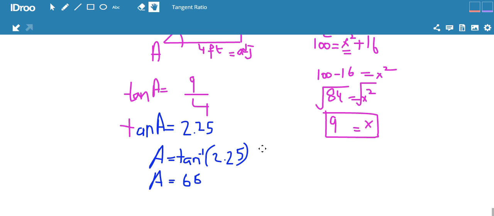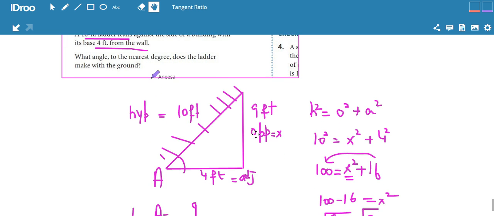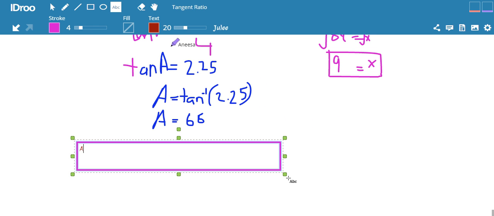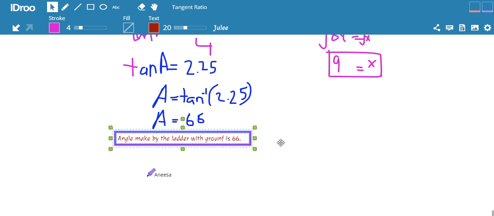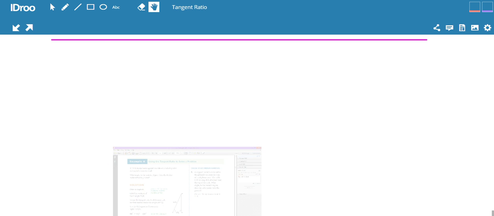It's 66 degrees. So we'll say that the angle the ladder makes with the ground, to the nearest degree, is 66 degrees. That's it. So that is it for the question. Now there will be a question for your understanding as homework.